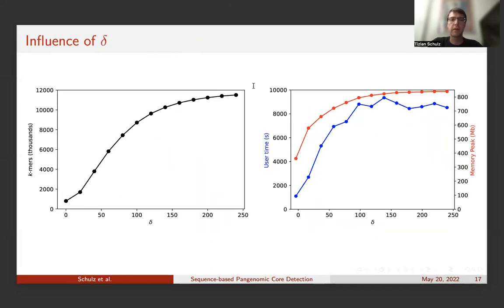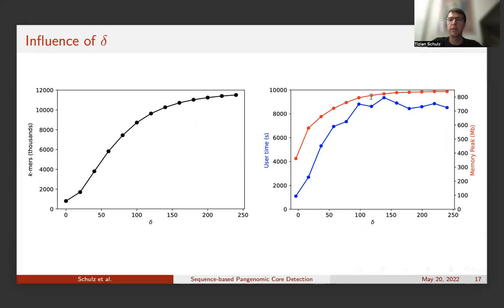We also studied the influence of our delta parameter on first the result and also the runtime and the memory usage. For this, we used the largest prokaryotic data set and we calculated its score for increasing values of delta. What we see is that the larger we choose delta, the larger our core gets until at some point a saturation is reached.